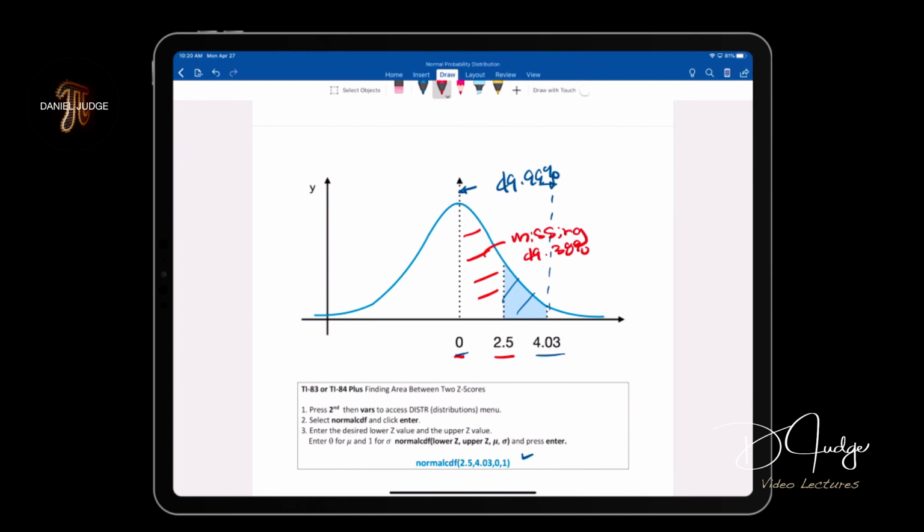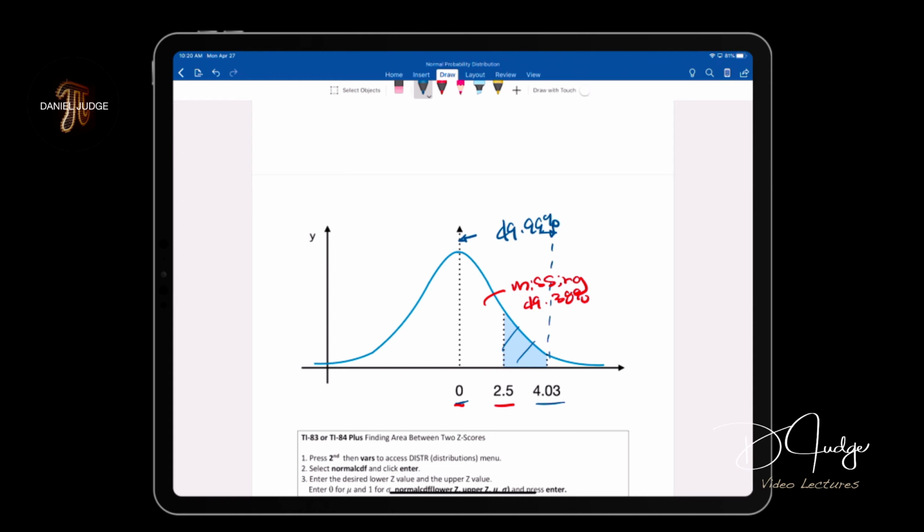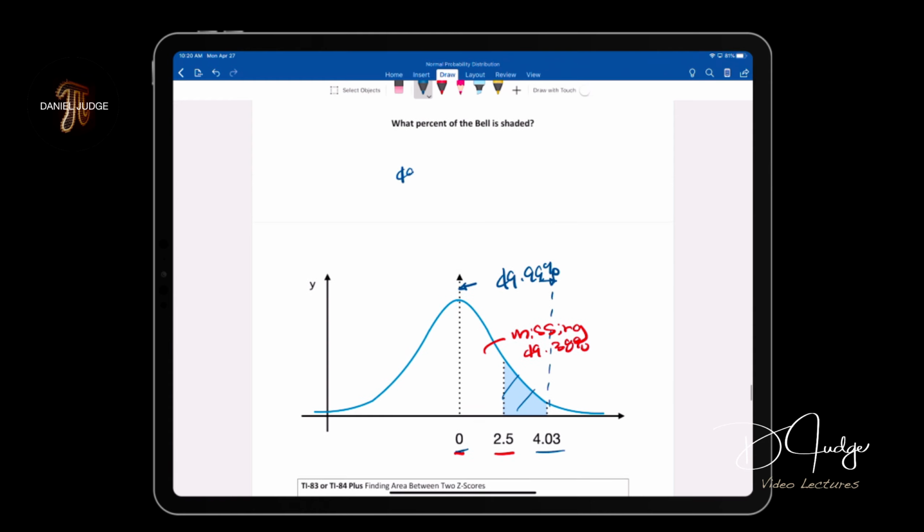So since it's missing, ladies and gentlemen, you say, what do I do with the two numbers? I'll write it up here. 49.99 and 49.38%. What do we do? Do we add?